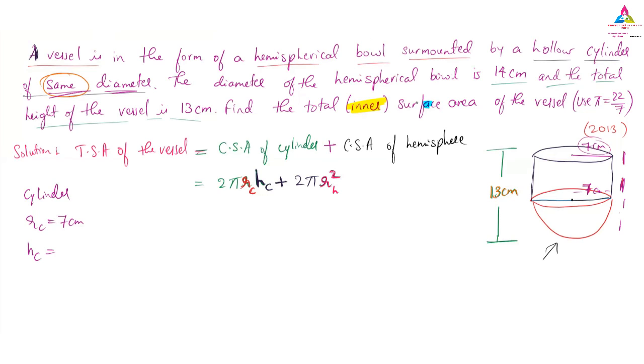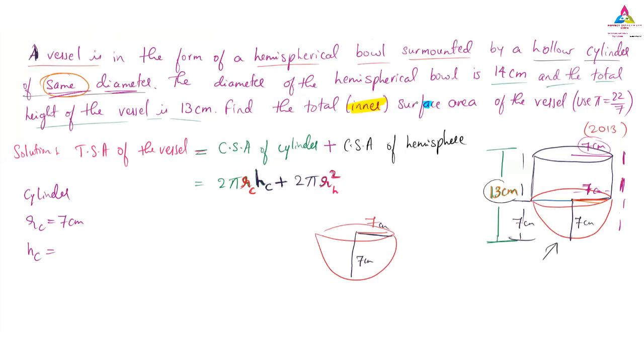We have 7 centimeter as the radius of the hemispherical ball. If the hemispherical ball is like this way, this is 7 centimeter. If you take cross way also it is 7 centimeter only, because the radius of the hemisphere will not change. So from here to here it is 7 centimeter. What is the height from here to here?